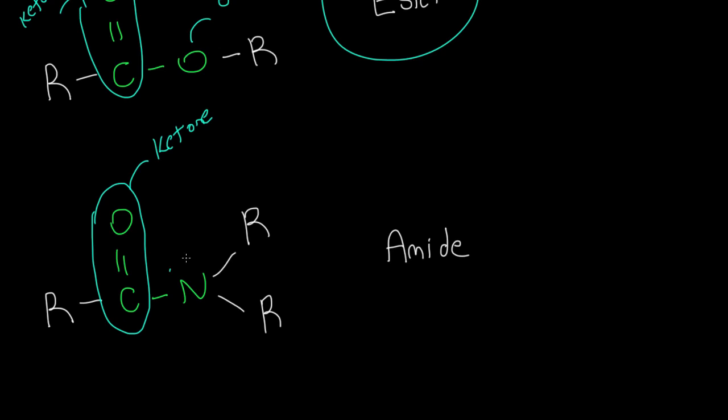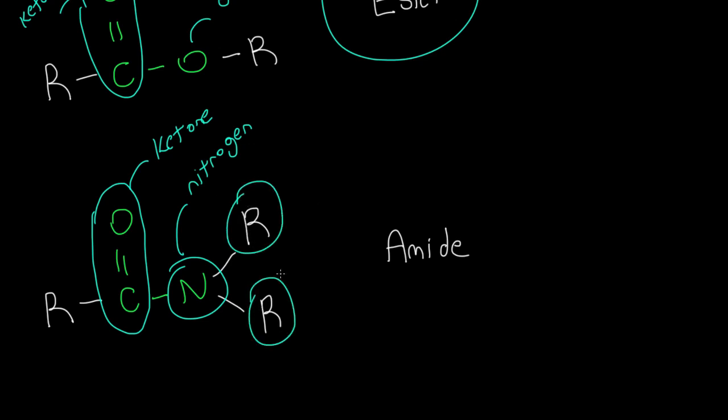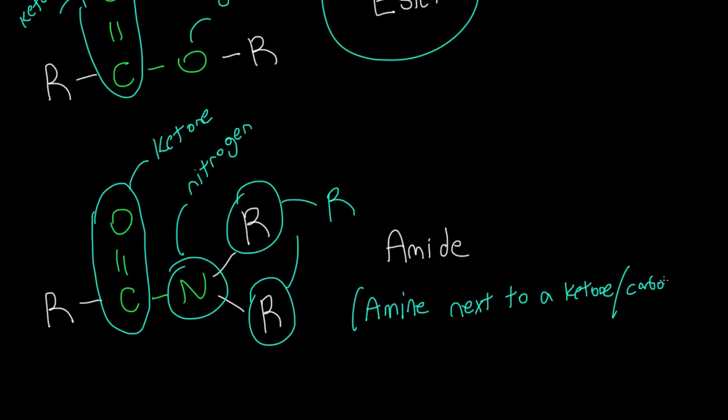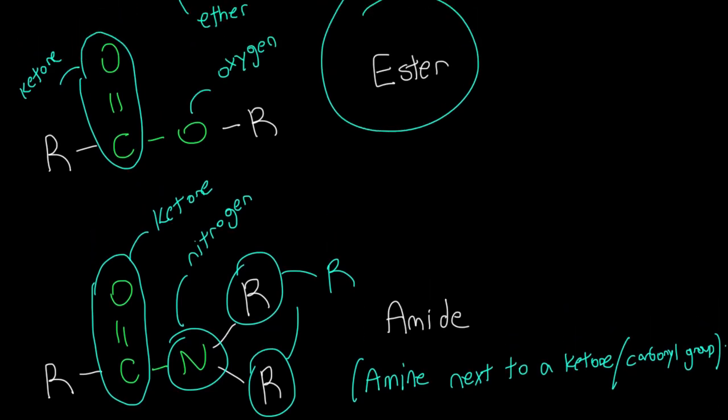And then we have a nitrogen. And rather than having two hydrogens, it could be two hydrogens, but then you have your R groups. It could be anything. So an amide is essentially an amine next to a ketone/carbonyl group, because this can technically be an H over here, so it could technically be an aldehyde, but we don't need to get into that kind of detail.